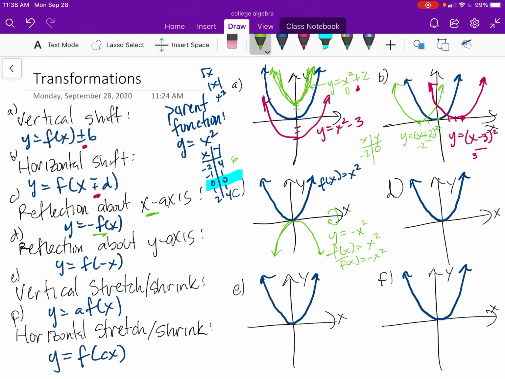And I guess why that's important is because part D, it says if the x were negative. So in this one, we'd actually get the same thing. Okay, because if I make the x negative, so I have f of x equals x squared, and if I make the x negative and square it, right, then I'm right back to the original x squared.